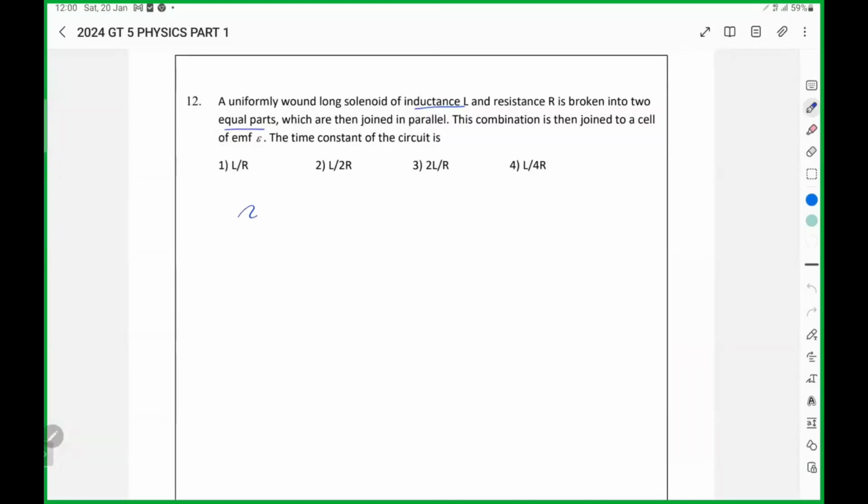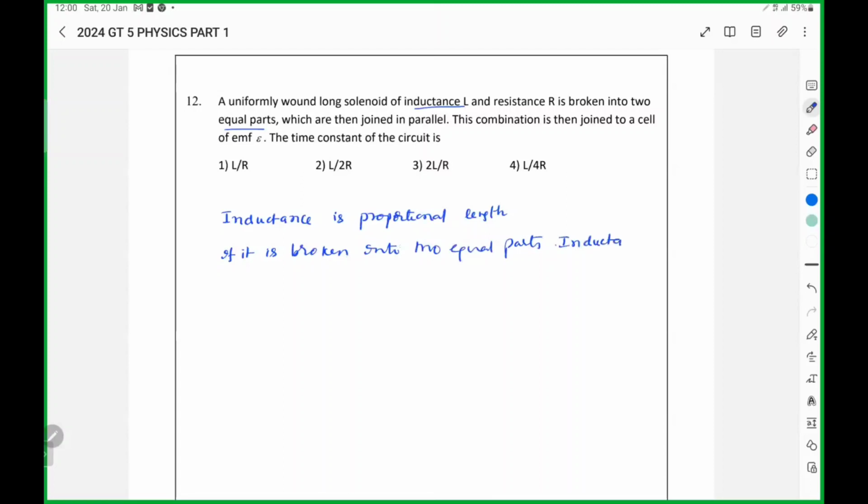Here, inductance is proportional to the length. So, if it is broken into two equal parts, inductance of each part is L by 2.